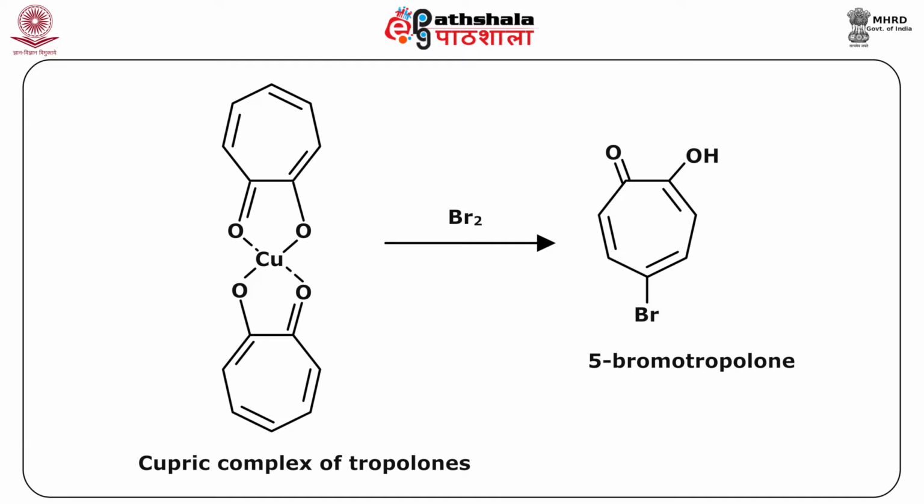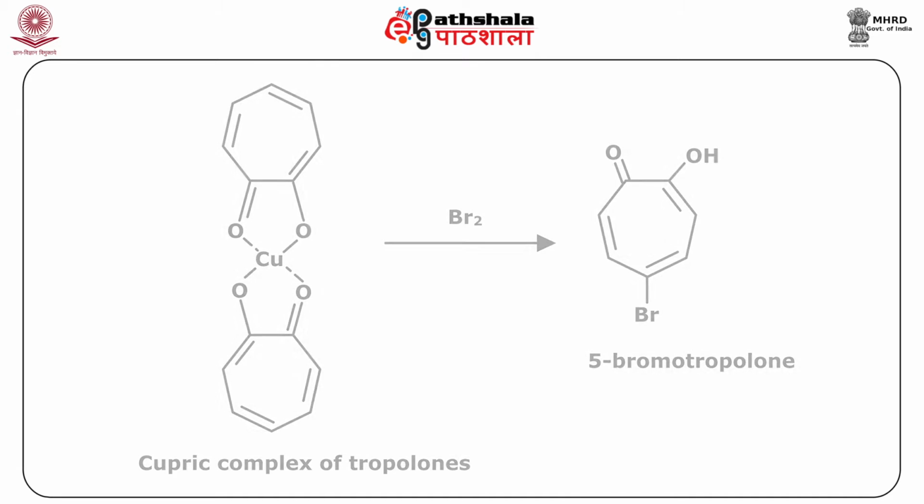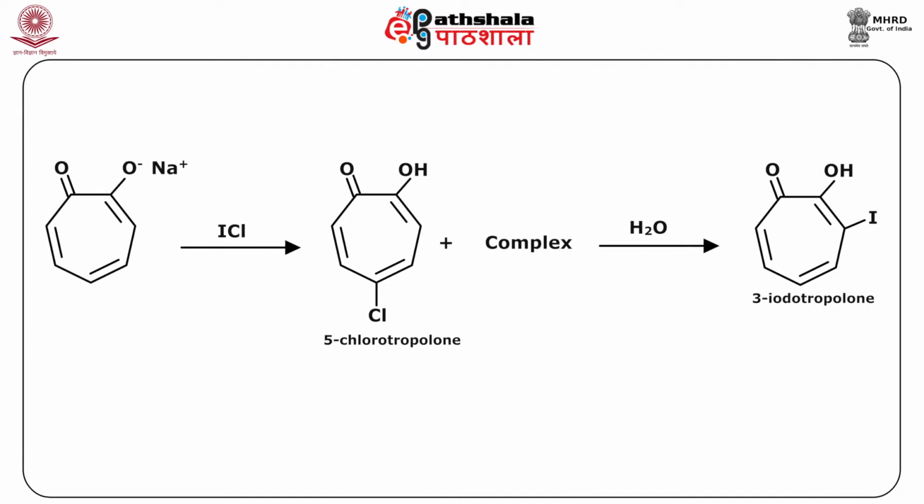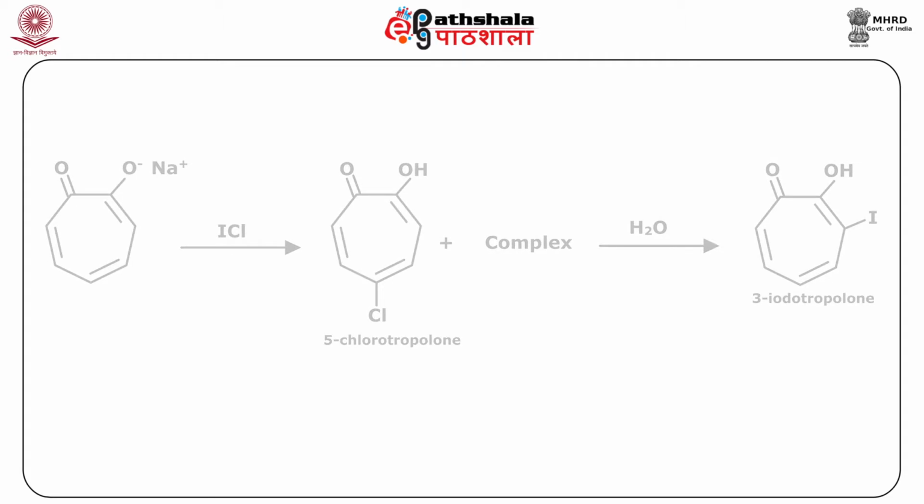Now, two reactions have been reported which yield predominantly the 5-halogen derivative. Number one is 5-bromotropolone, which is obtained from the reaction of the cupric complex of tropolone with bromine. And the second, the sodium salt of tropolone, reacts with iodine monochloride, which gives a mixture of 5-chlorotropolone and a complex from which 3-iodotropolone is obtained by the action of water.